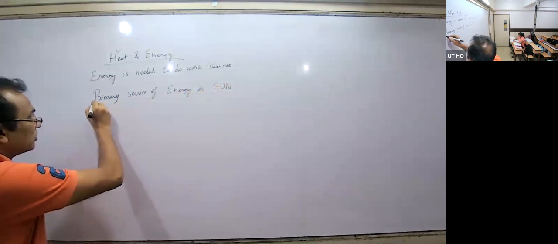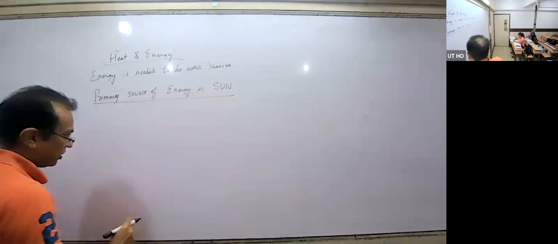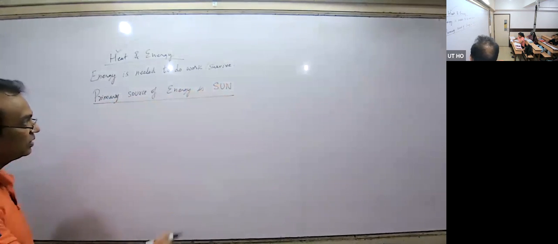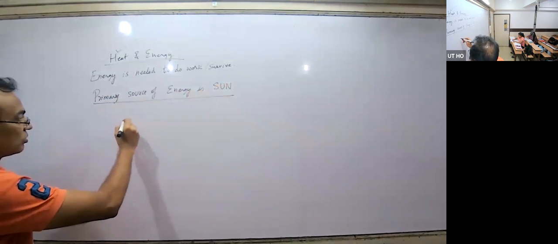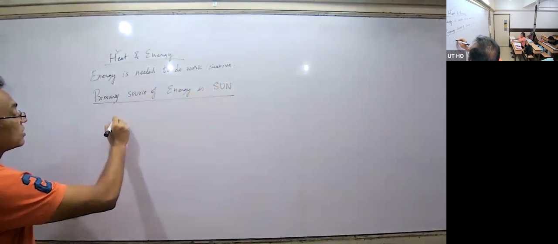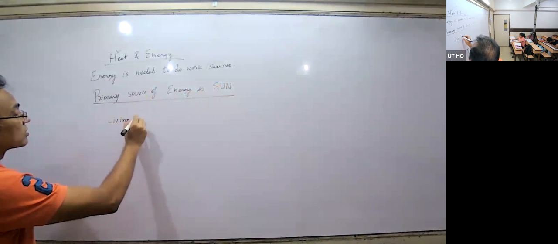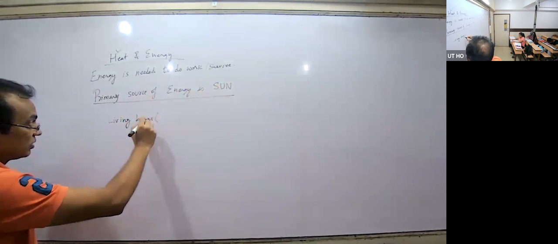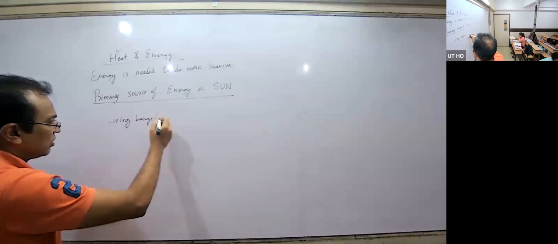So basically, on Earth, we have living beings and non-living beings. Everybody requires energy, living beings or non-living. I think you must have learned about it in biology or EVS.